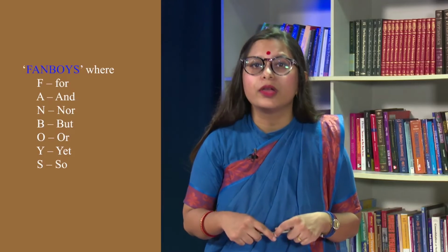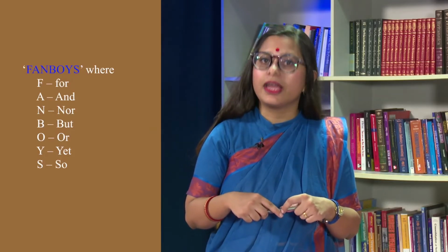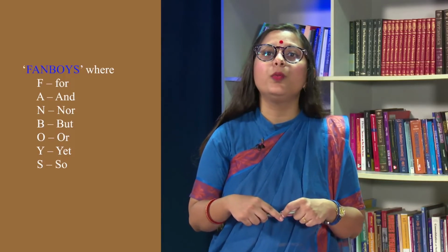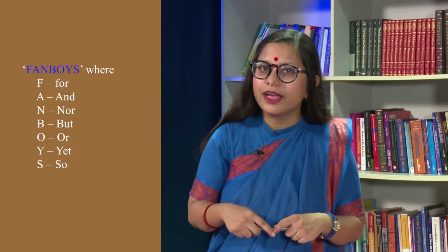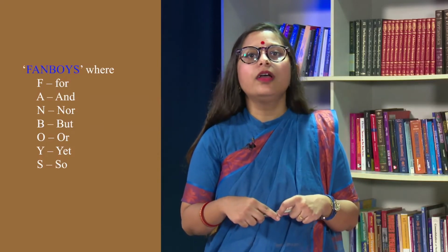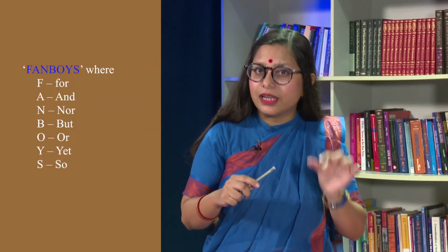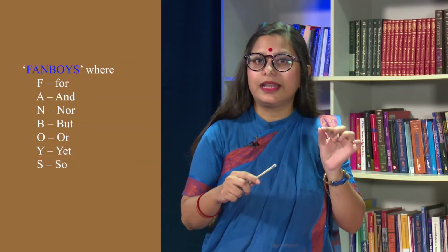So, there is a short way to find these coordinating conjunctions in a sentence. This way is called FANBOYS, F-A-N-B-O-Y-S. So, what is FANBOYS, you can ask me. FANBOYS is an elaboration of each letter.